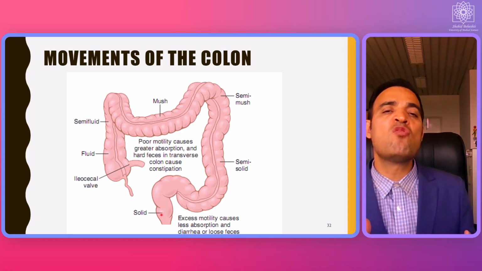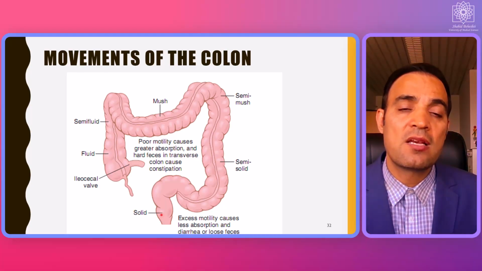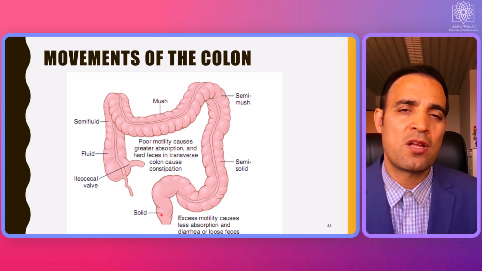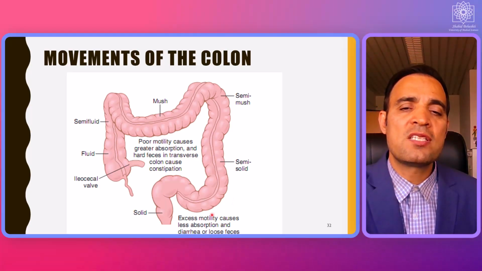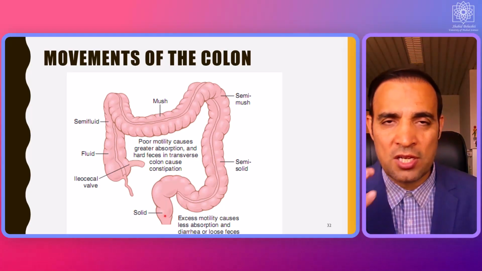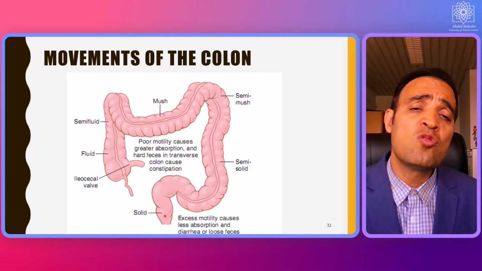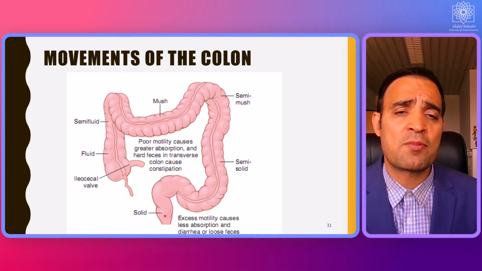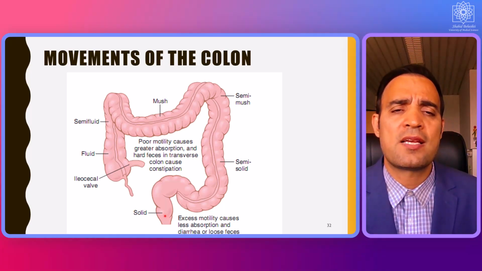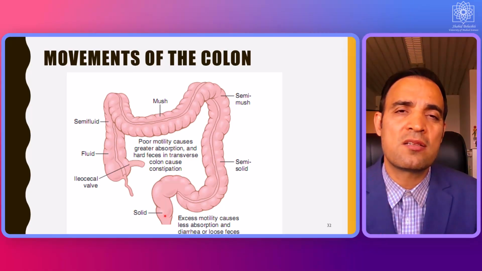And you know that if the movement that we have in the colon is very fast, it does not allow enough absorption of water and electrolytes. Therefore, this fluid will reach the rectum, and diarrhea will result. Sometimes this movement is inhibited, for example because of drugs or because of a disease state, because these movements are poor.